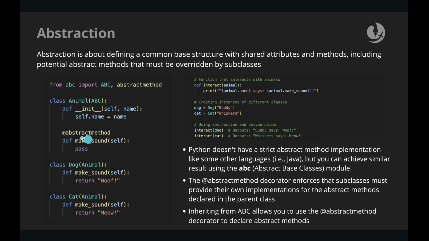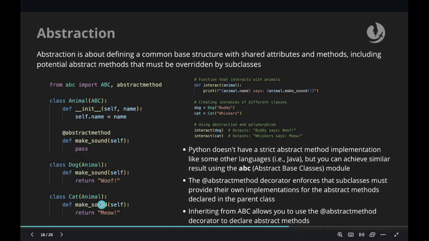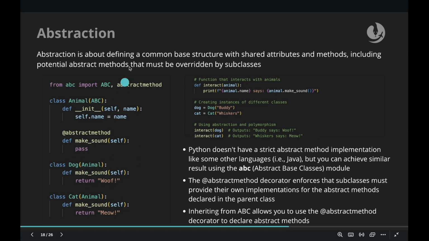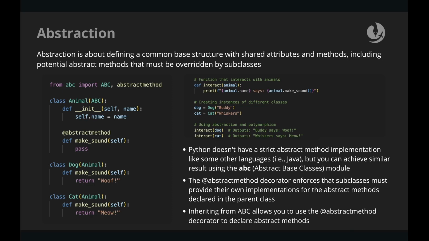So if we use this abstract method decorator, we require the dog and the cat to make its own implementation of this make sound method. Okay, and this is abstraction. So let's see how the abstraction concept works in practice.